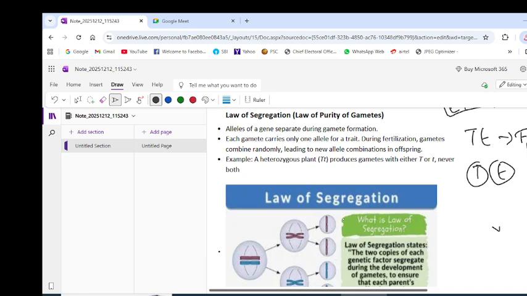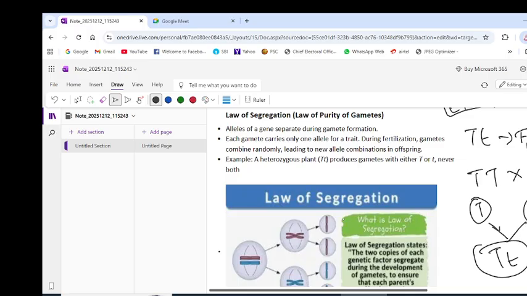That means, I will write it. This is for tall, so this gamete will form here, and this is for short, and this gamete will form here. During fertilization, a new gene combination is formed here.